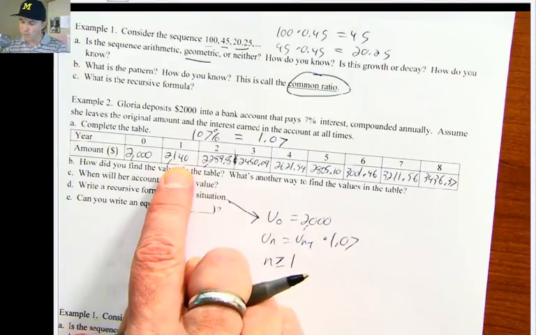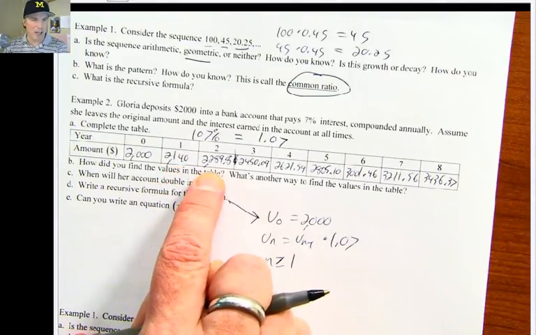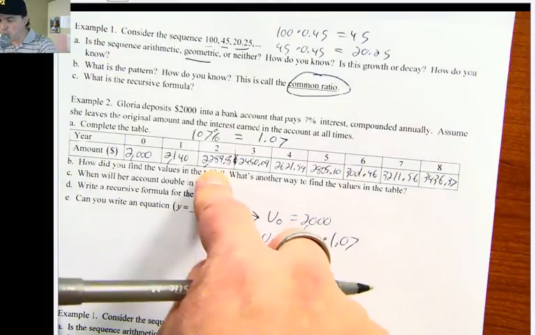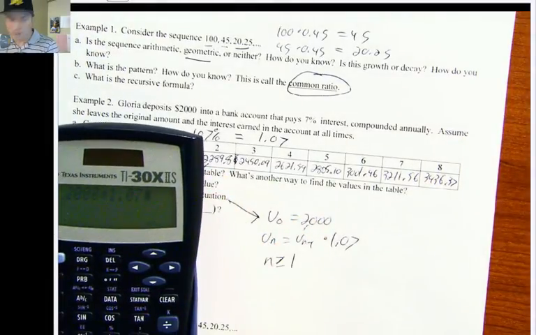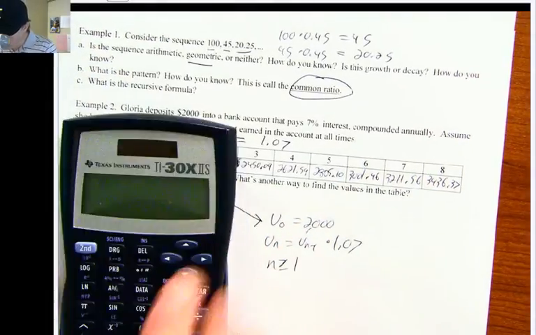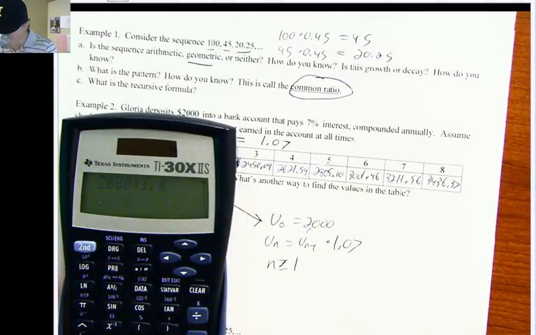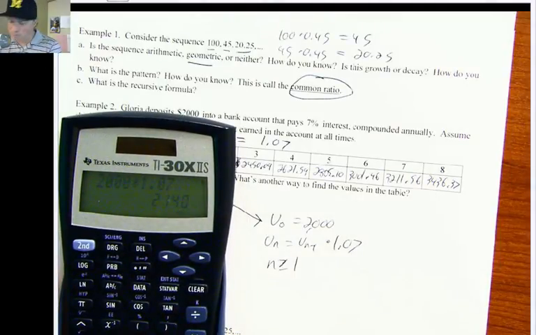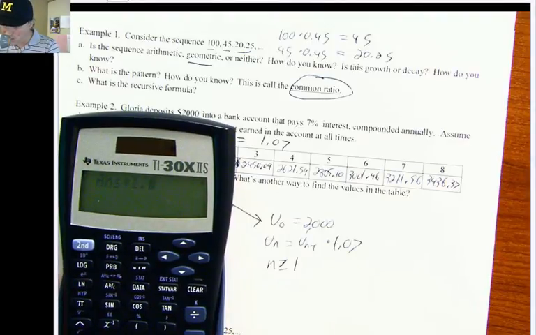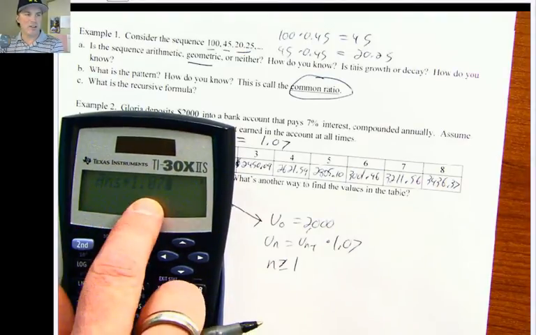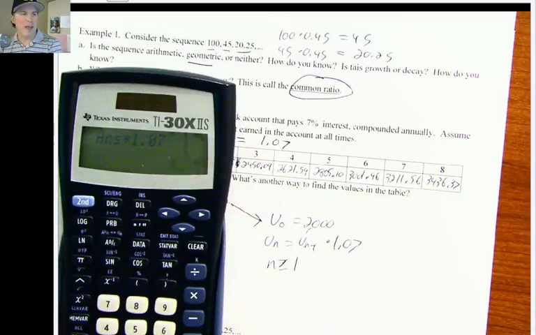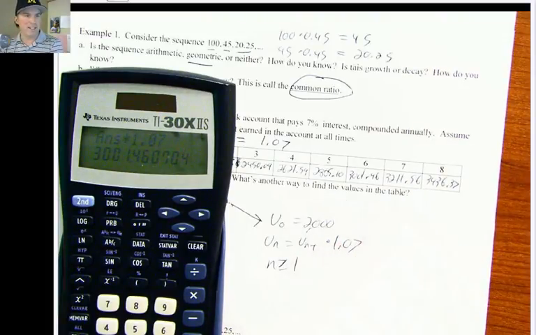Then I went 2140 times 1.07, and I got that number. And you can get these numbers really quick with your calculator if you just simply type in the first number, so 2000 times 1.07, I get that 2140, and then when I go times 1.07 again, it says answer times 1.07, and then all I have to do is hit enter, and it gives me the next month, enter, next month, enter, enter, enter, and just hitting enter allows me to fill up all of these numbers.